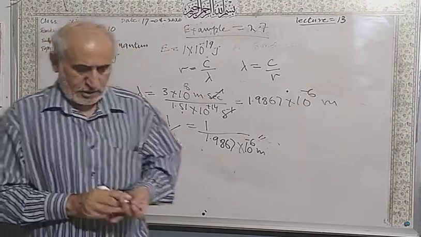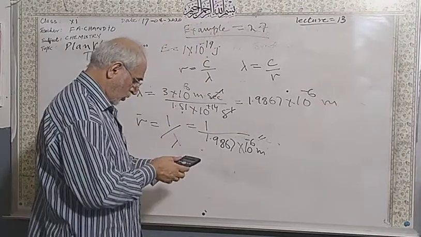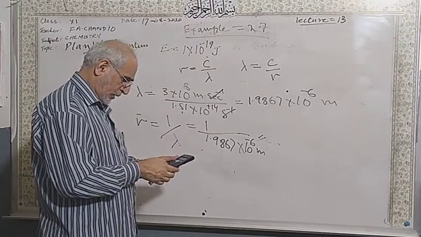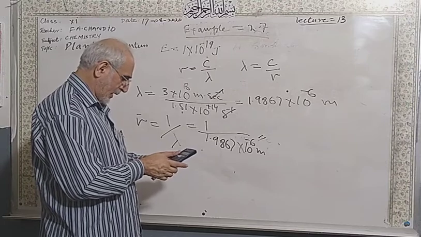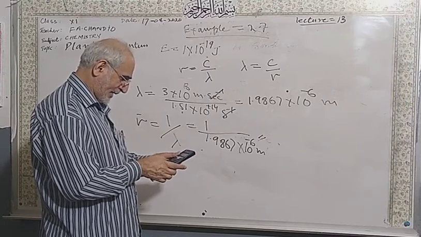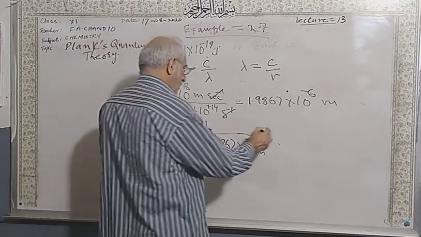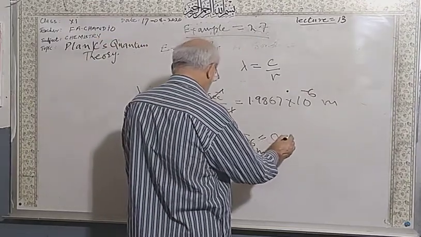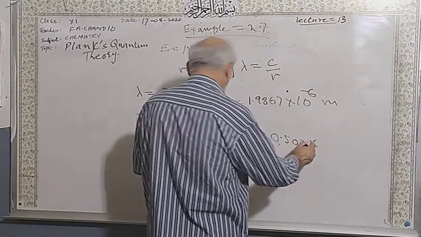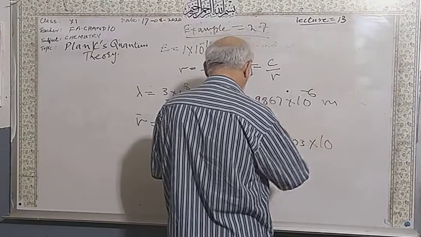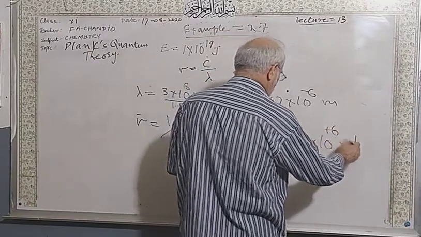So students, 1 divided by 1.986, you get 0.503 into 10 raised to power 6, and meter changes into per meter.